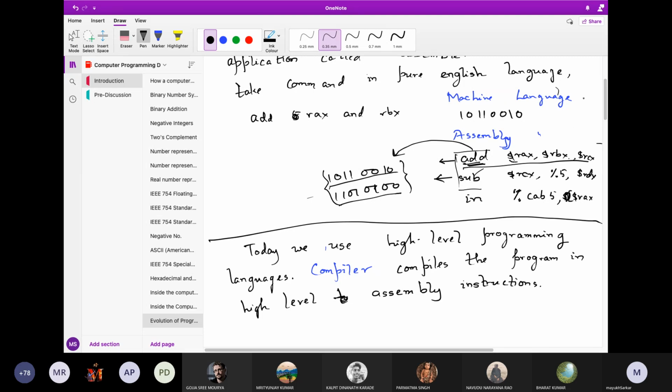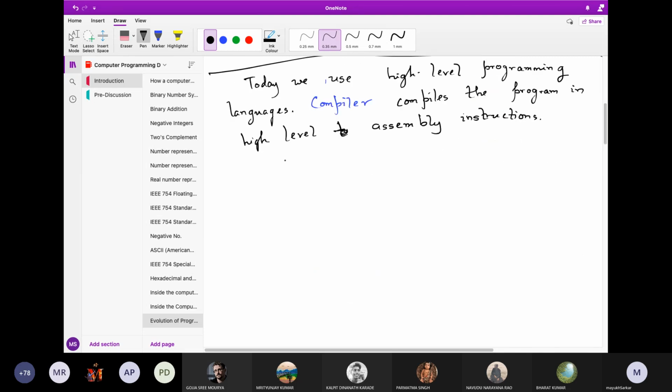We can consider Fortran the first high-level language, and it was the most common for scientific computation. Fortran means formula translation.